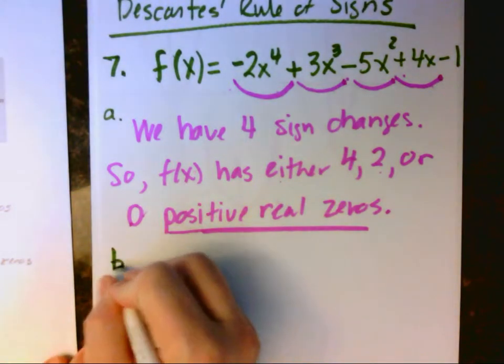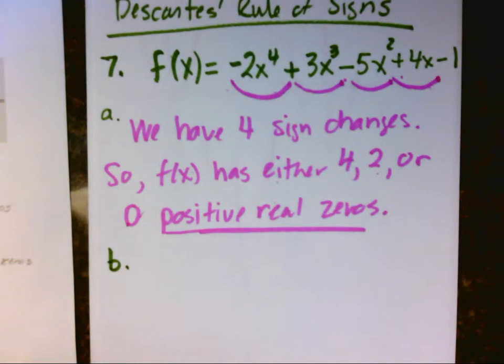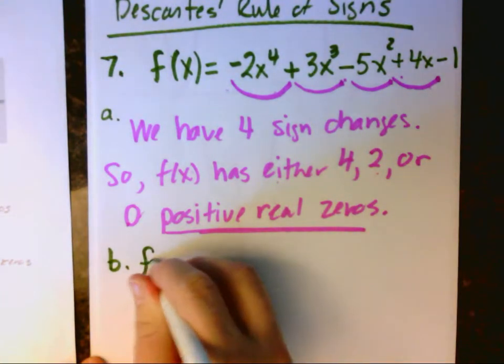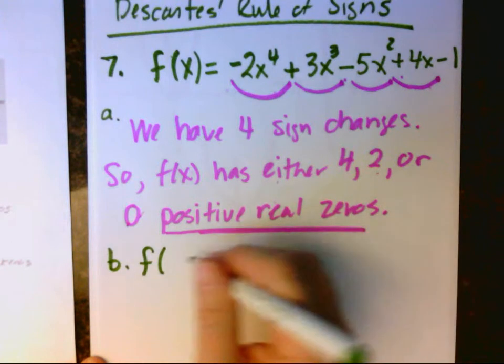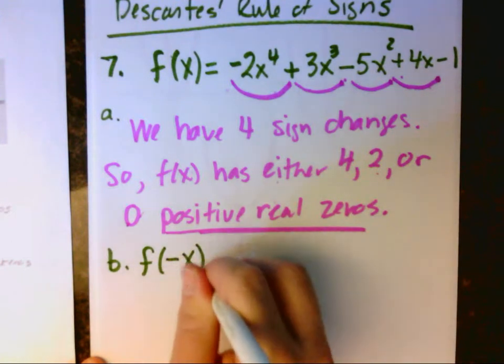Okay. Part B. Now let's fill in the blank at the top. The number of negative real zeros is either equal to the number of variations. So we put equal again. It either equals the number of variations in the sign occurring in the coefficients of f of minus x, or it is less than the number of variations by a positive even integer. So it's the same thing for the negative real zeros, except we put a minus x into the function.